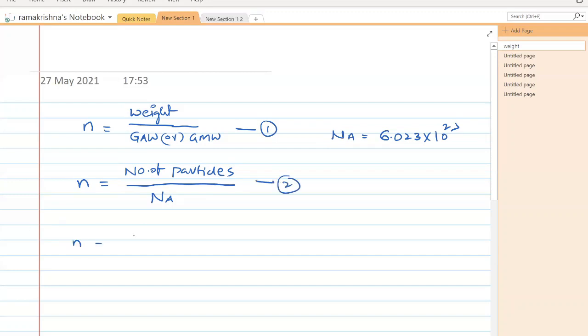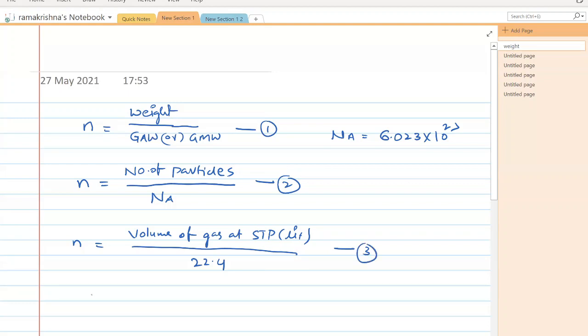The third formula: when the volume of a gas at STP is given in liters, divide it by 22.4 liters to get the number of moles.